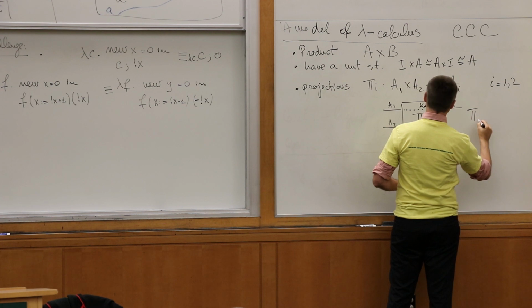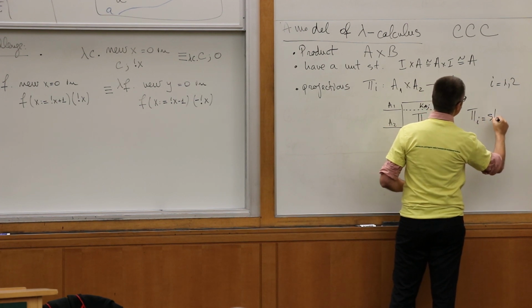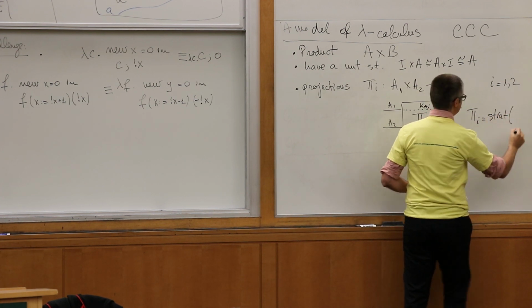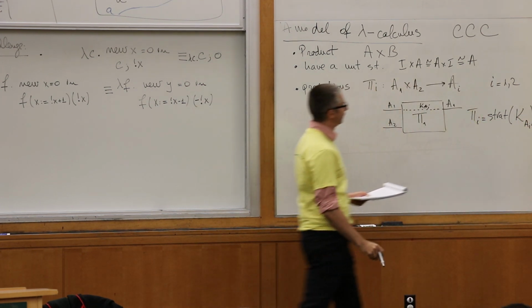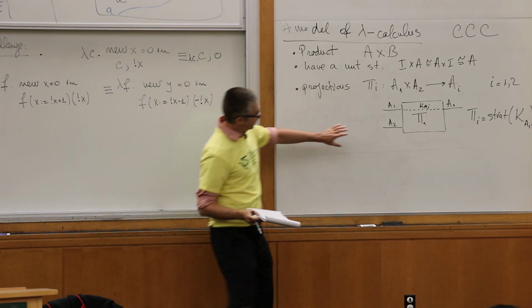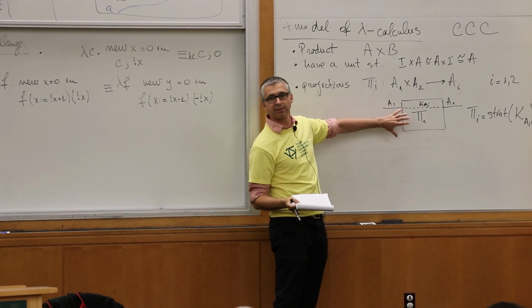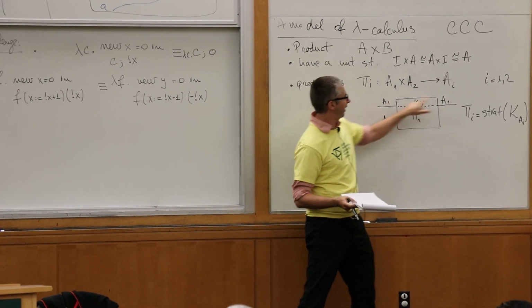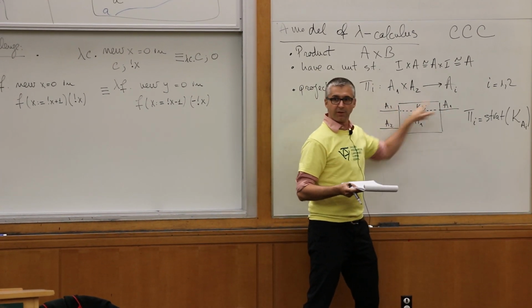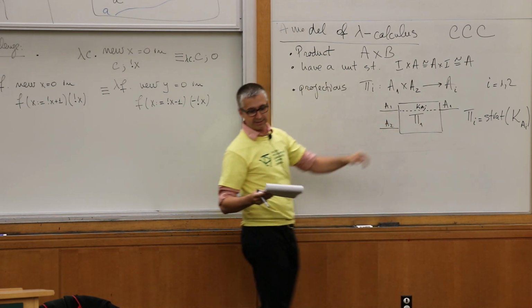So Pi is the least strategy that contains the copycat on Ai. And notice that the other one is completely ignored. Because it's going to start here and it's going to go here, just going between these two, completely ignoring this guy.